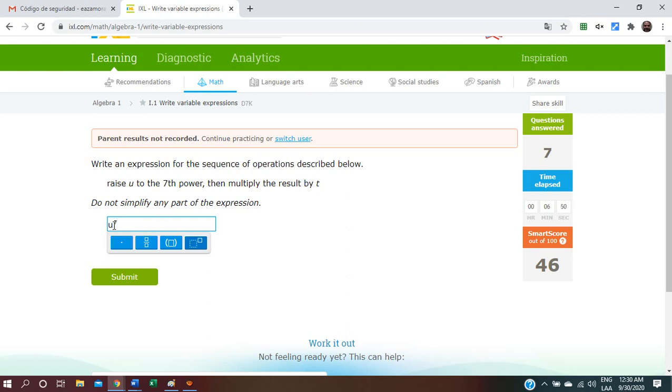So all of this is going to be multiplied. We use parentheses, or you can use this button if you want. Then multiply the result by t. You can write t at the beginning or at the end. It's up to you. The result is going to be the same.